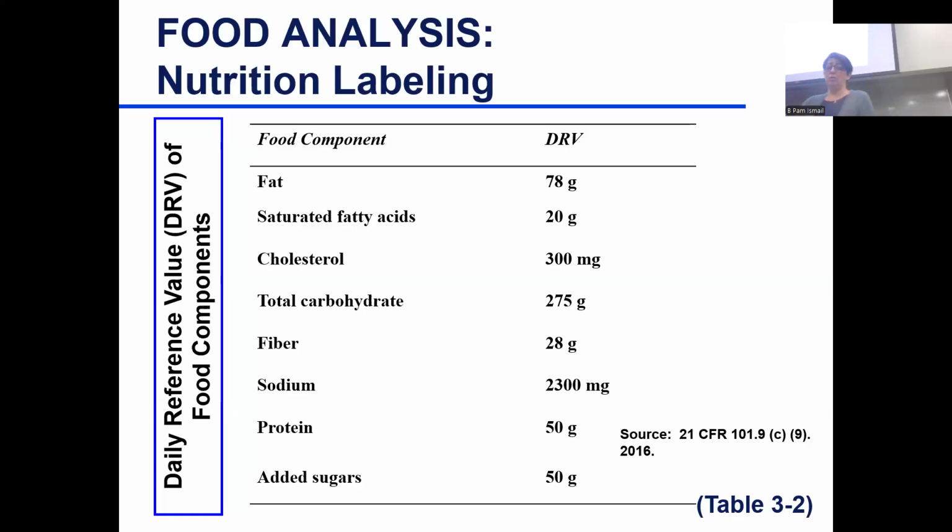So if you have 15 grams of fat in your serving, what is the percent of the daily value? In this case it's called the daily reference value. It would be 15 by 78 times 100. So in that serving, you're getting that particular percent of the total per day that you should be eating. Okay. So that's what it is.